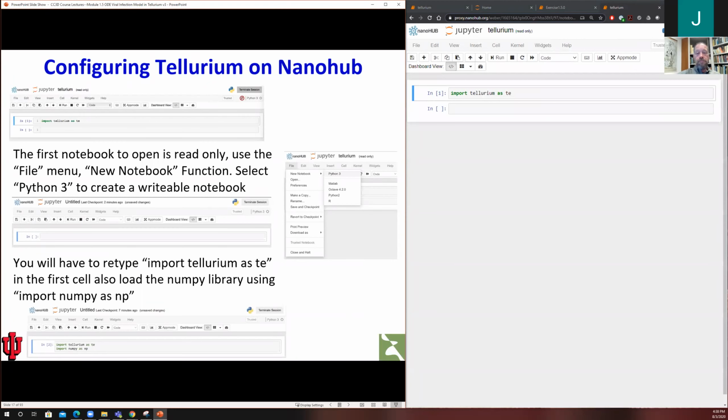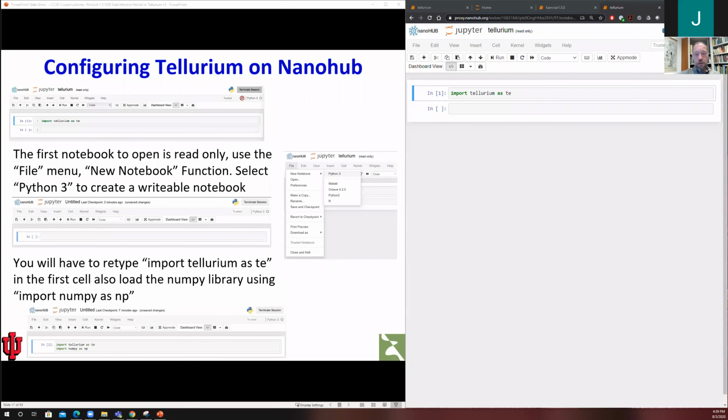Okay. Has everybody gotten to the Tellurium launch window? I'll do a quick poll. Has everybody gotten the Tellurium window working? For the remainder of the afternoon, we're going to be working in Tellurium, so it's important to be able to get it up.